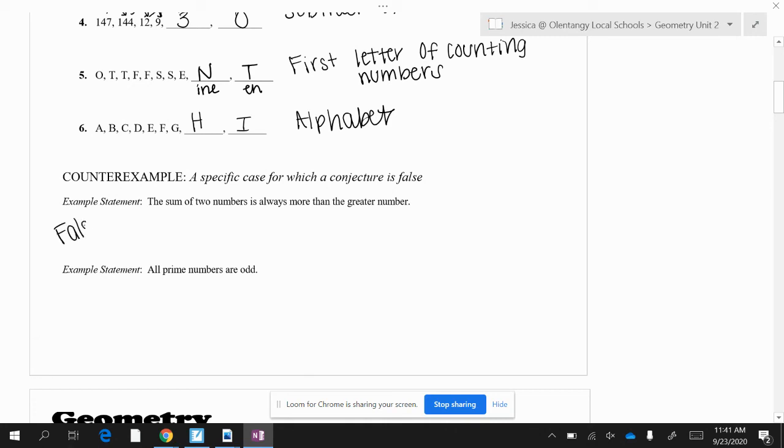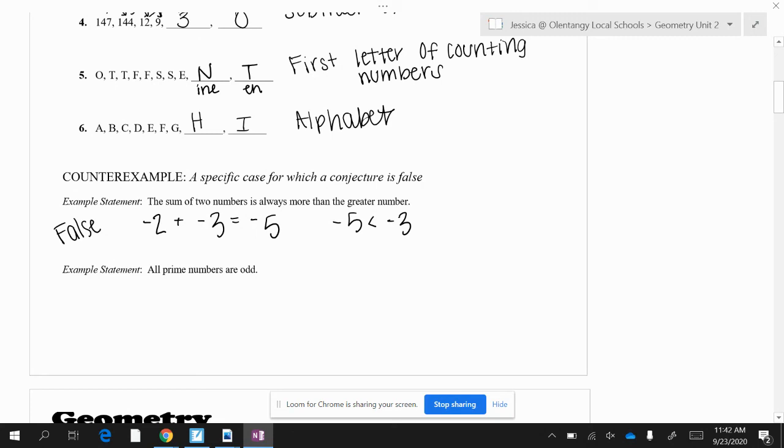And since it is false, then I need to show an example where it is false. So if I add -2 plus -3, that equals -5. And -5 is less than -3, which goes against the statement that was made.